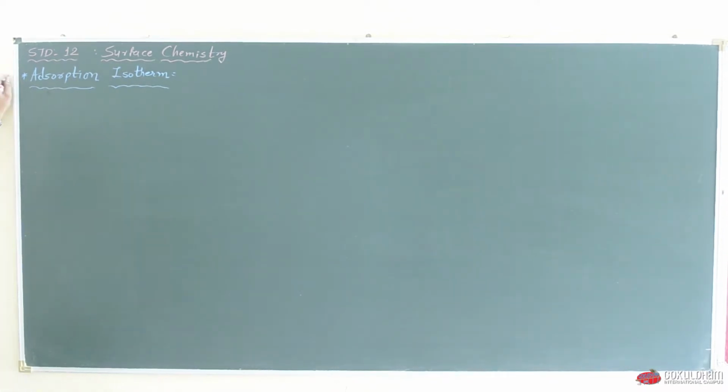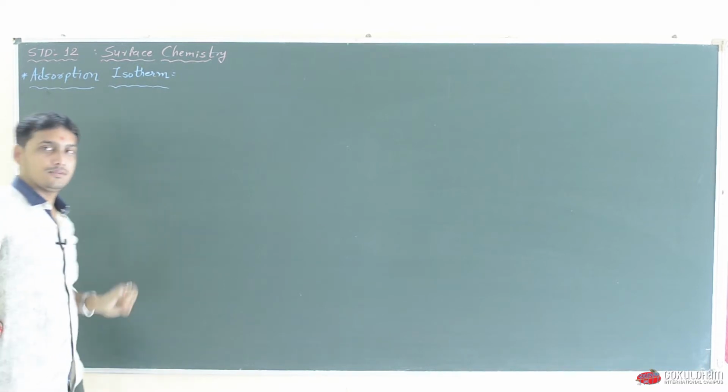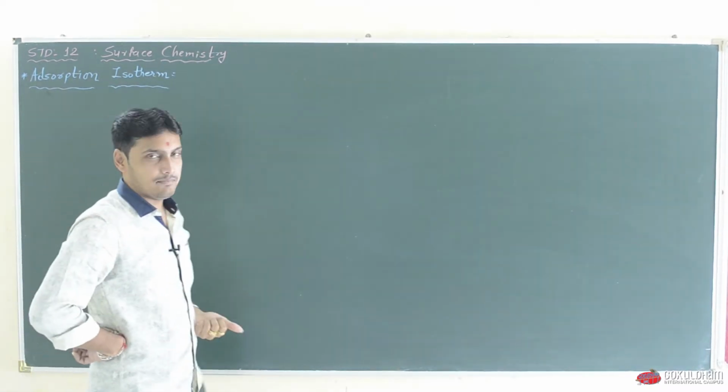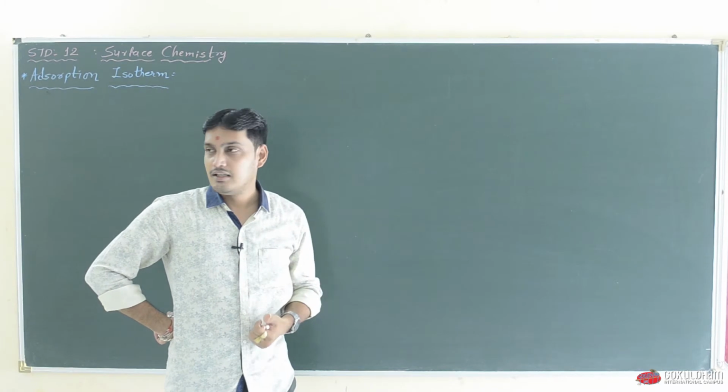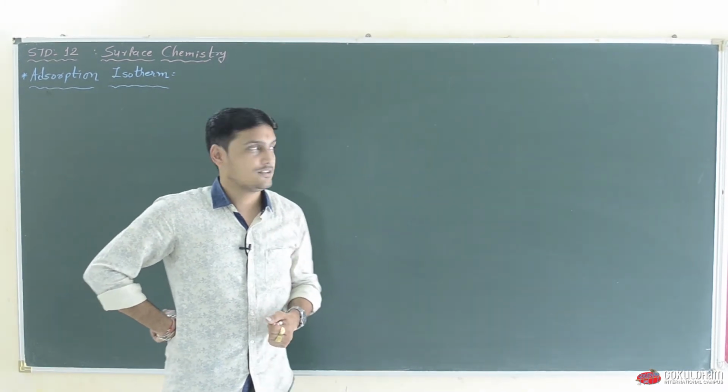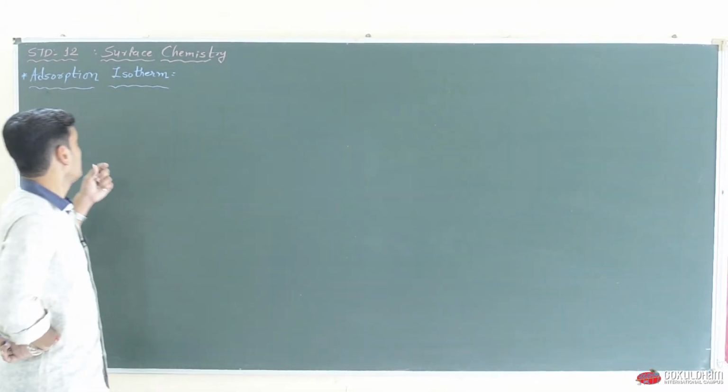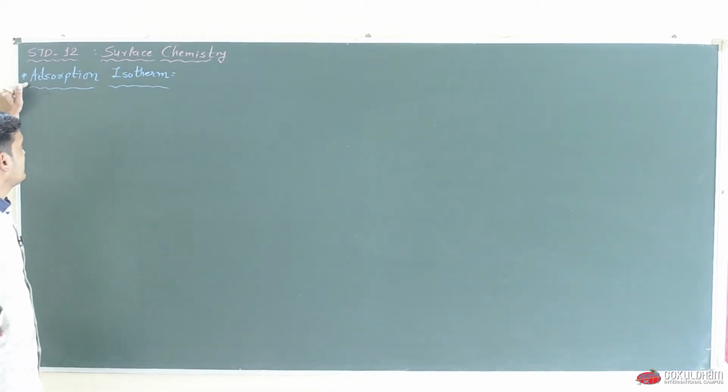After completion of various theories such as chemisorption and physisorption, and after that the applications of adsorption, today we are going to discuss one of the most important theories, that is adsorption isotherm.